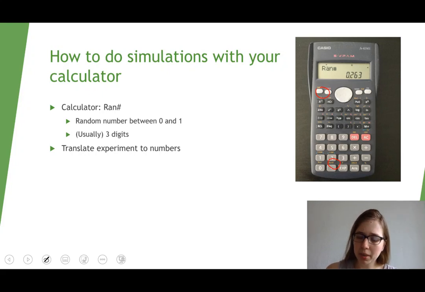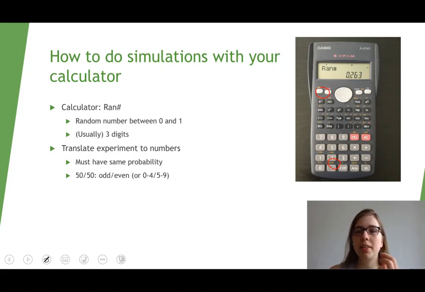But in some cases, it's a bit more difficult because we do have to be careful that the probability of whatever I'm looking for, in this case throwing 1 to 10, must be the same probability of getting the number on my die. So for instance, throwing a coin, 50-50 probability, I might divide that as one side is the odd numbers, the other side are the even numbers, or one side is 0 to 4 and the other side is 5 to 9.